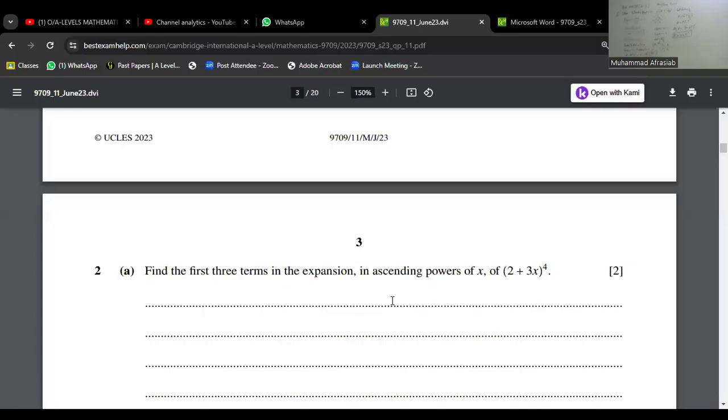Question number 2 now, part A. Find the first three terms in the expansion, in ascending powers of x, of 2 plus 3x to the power 4.